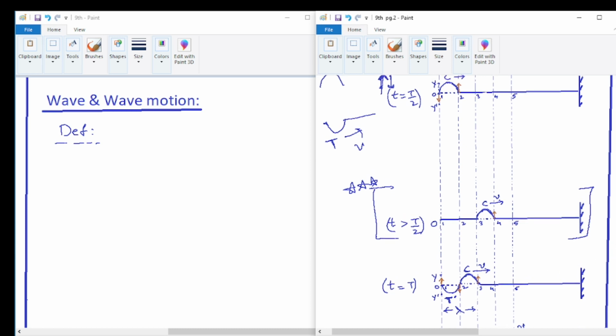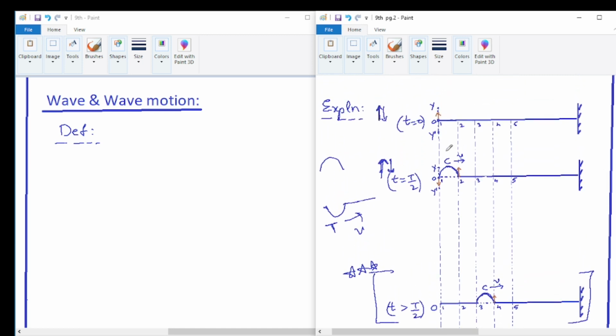But one very important thing we have already seen. Why is particle 2 going upwards? The brown arrows, the arrows perpendicular to the length of the string, denote the direction of vibration. We already understood that because the crest is moving rightwards, a little later the center of the crest will be coming here.